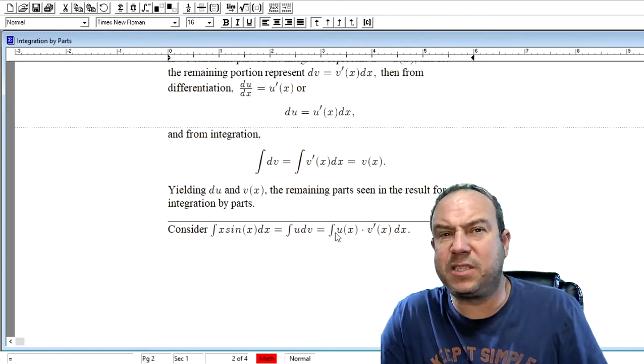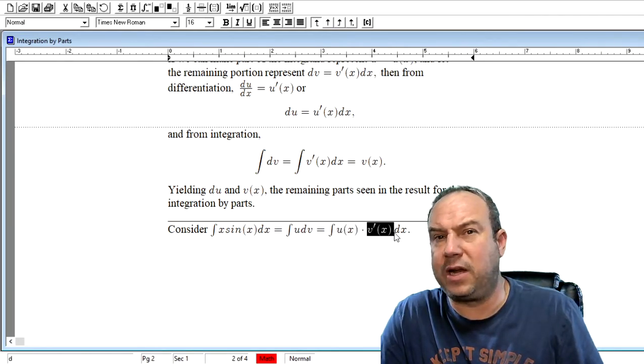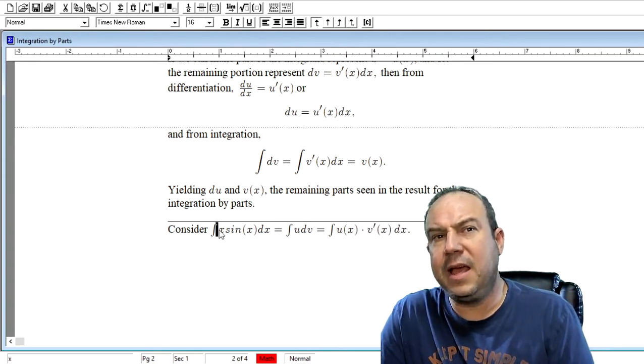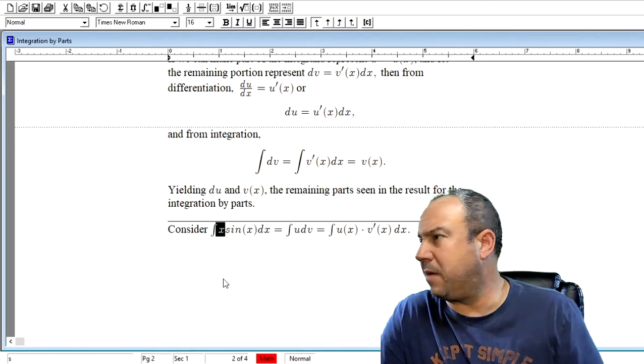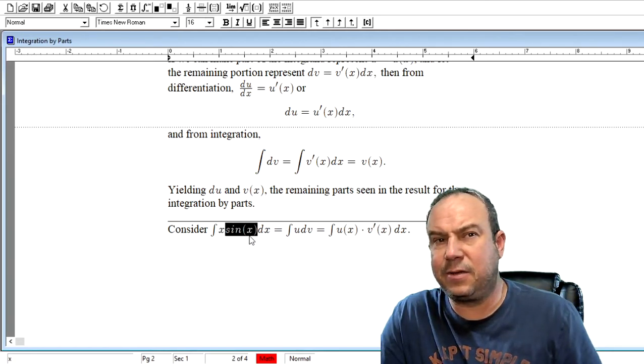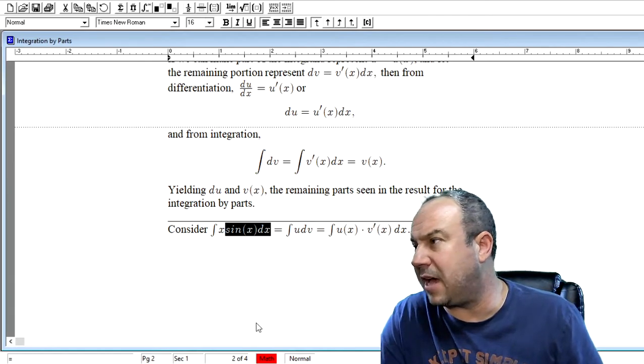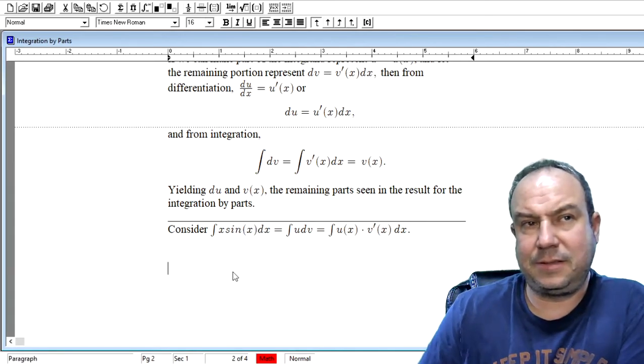Now you might be able to spot what is our u of x and what is our v prime of x dx in this example. U of x might be the value x, where dv would be the value sine of x dx.